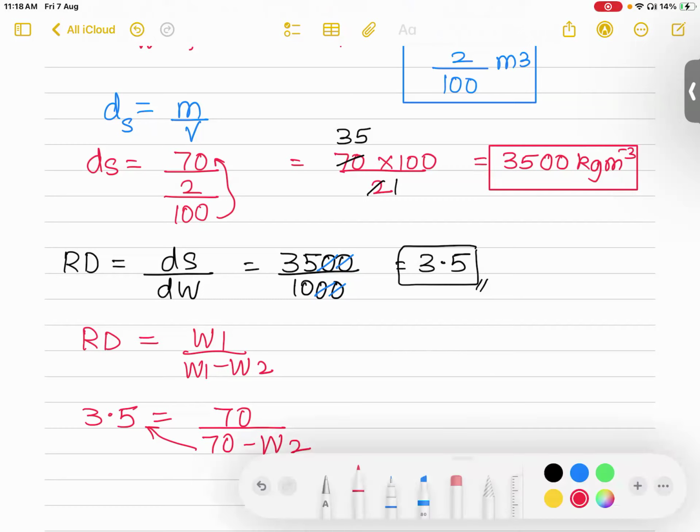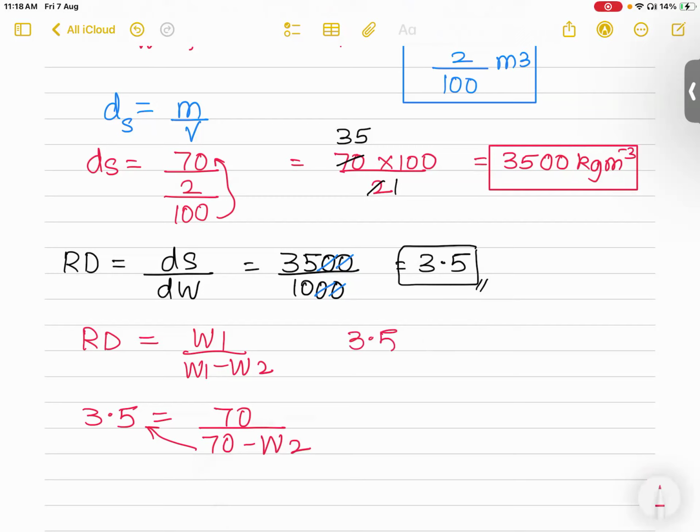So 3.5 into (70 minus W2) is equal to 70. I can keep this 70 here alone. Let's not multiply. Let's shift this 3.5 there. This will be 70 upon 3.5, that is 700 upon 35.